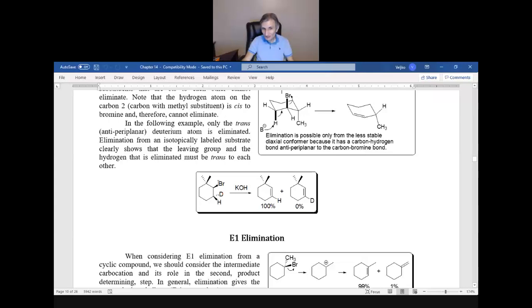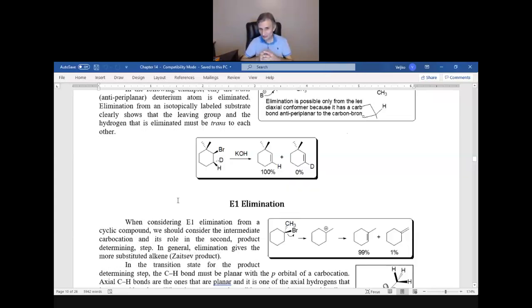So the product will have 100% protium, because trans eliminates, so deuterium is gone, protium is left. The product will have 100% protium, 0% deuterium. If bromine were down, only protium would have eliminated, and you would have 100% deuterium in the product. So it is a very important analysis, and as I said, it comes up on exams very often.